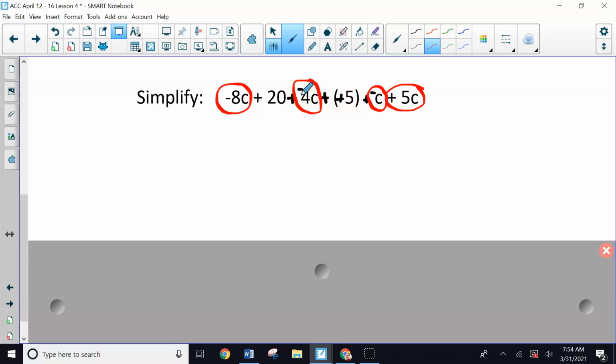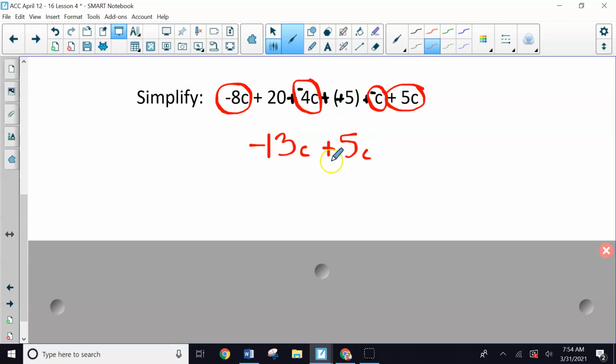We're adding everything together, adding negative 4c, adding a negative c, adding a positive 5c. So we have three numbers here that are negative, three coefficients here. Negative 8, negative 4, negative 1. So let's put all those together. We get negative 13c. These are all the negative coefficients. And we still are adding a positive 5c over here.